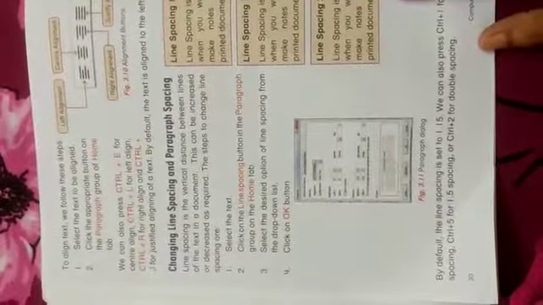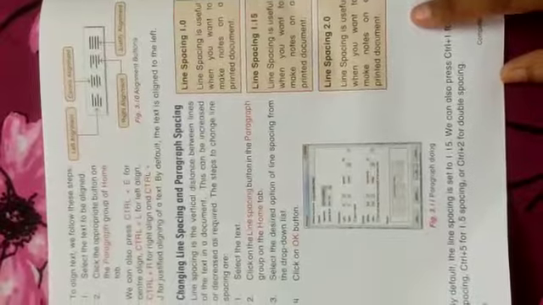Now let's do the steps. First, select the text to be aligned. Always you have to select the text. Click the appropriate button on the Paragraph group of the Home tab. You will go to the Home tab, from the Home tab you will go to Paragraph, and in Paragraph you will find these kinds of things. All 4. Whichever you want, you can click on that.